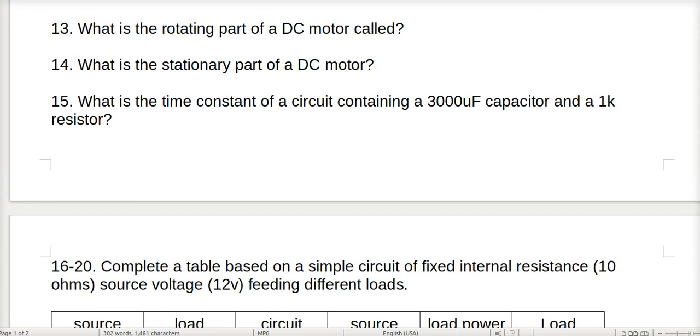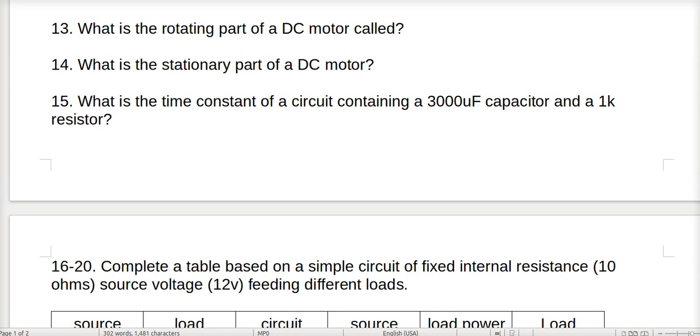There is what I consider the one proper thing to call it, and the rotating part is called the armature. So you may hear it called a rotor, but a rotor is an AC designation. So on a DC motor, the rotating part is your armature.